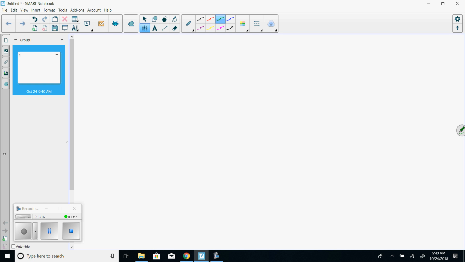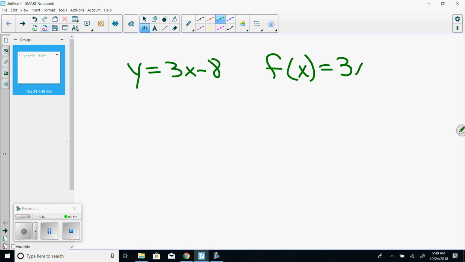So function notation, normally you guys are used to seeing y equals 3x minus 8. Right? That's your slope-intercept form, y equals mx plus b. But you are allowed to, especially because this is a function, change the y to what we call f of x. They are interchangeable.